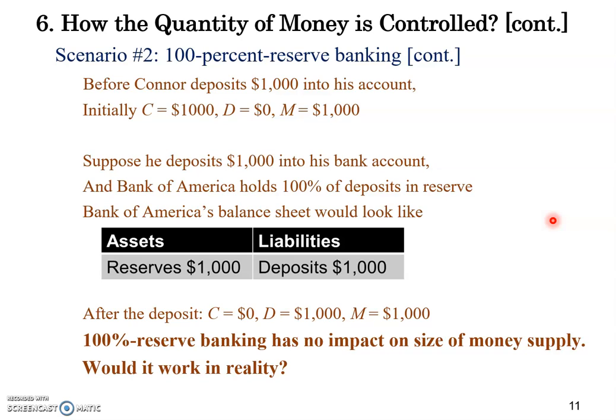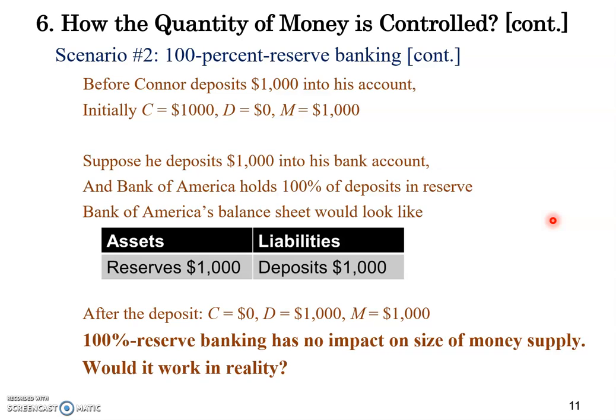Would this work in reality? Of course, no. Because from the bank's perspective, money is its raw materials. It's just like other industries. They use raw materials to produce product and make money. In the banking sector, money is their raw materials, or more specifically here, deposits are their raw materials.